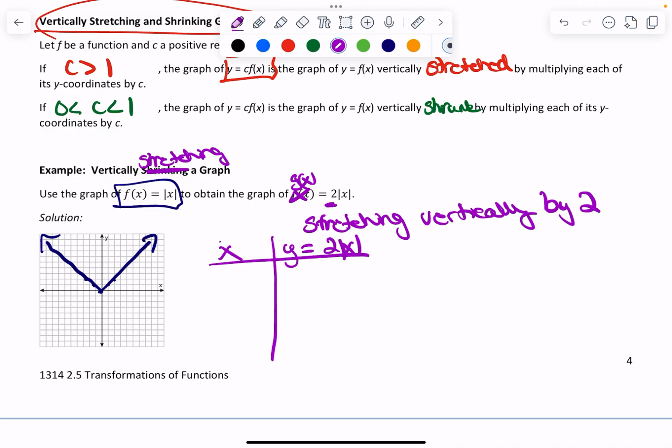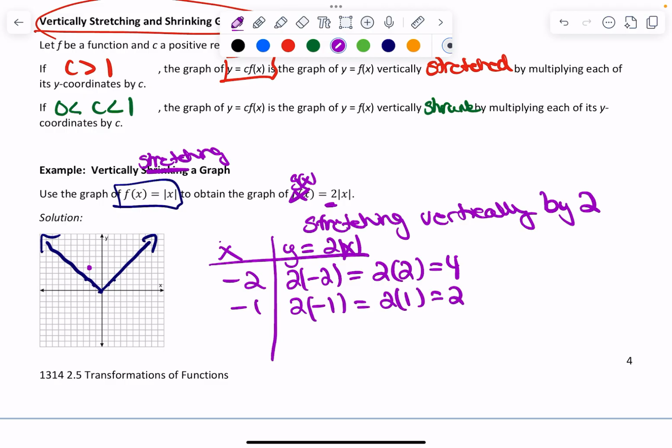So if we start from negative 2, 2 times the absolute value of negative 2 is 2 times 2, which is 4. So negative 2 and 4, 1, 2, 3, 4, somewhere here. Negative 1, 2 times 1 is going to be 2. So negative 1 and 2. 0 is going to be 2 times absolute value of 0, which is 0.